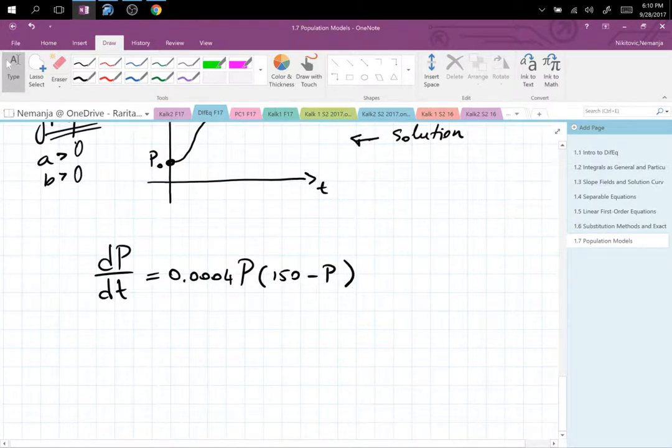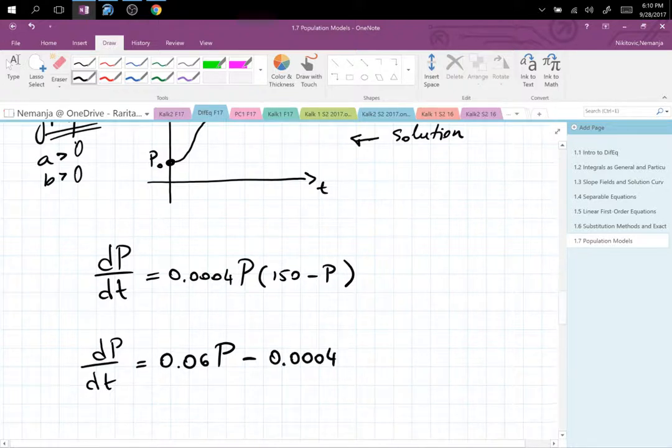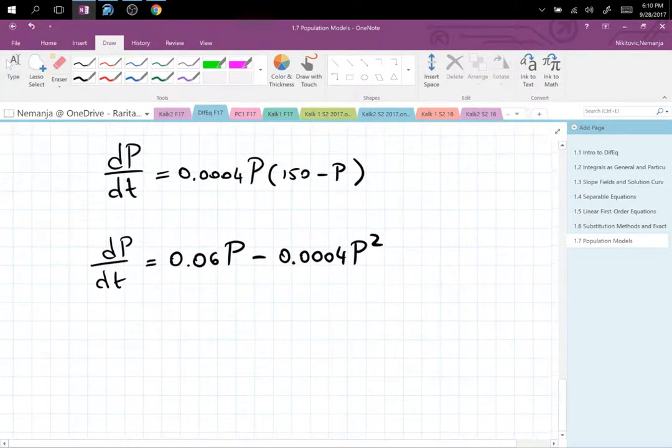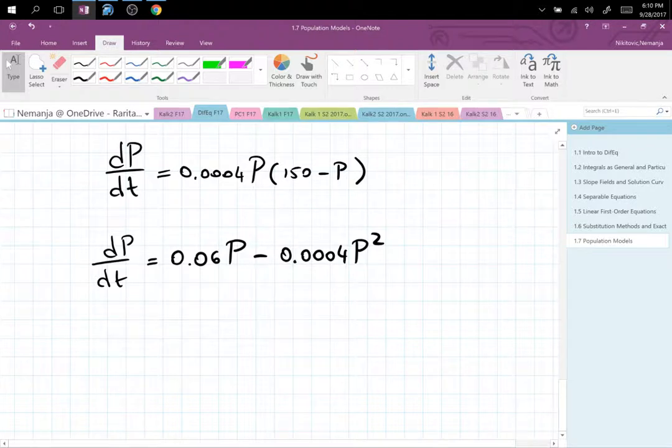Now, you know that you need to do separation of variables. You have multiple P's over here, so you are going to say dP over dt is equal to, you multiply this out first to get 0.06P minus 0.0004P squared. And now you are ready to work on separation.